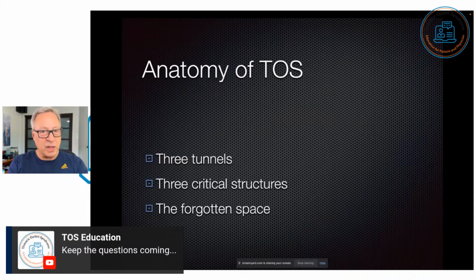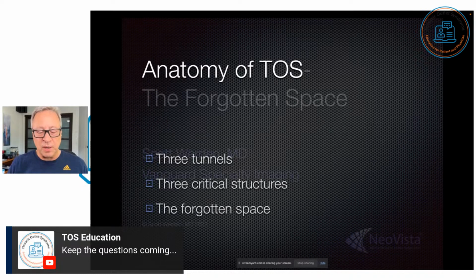The costoclavicular interval and the retropectoralis space include all three structures. But that first space, the scalene triangle, does not include the subclavian vein. So what happens is we get this forgotten space, the prescalene space, with different borders and different mechanisms of compression.